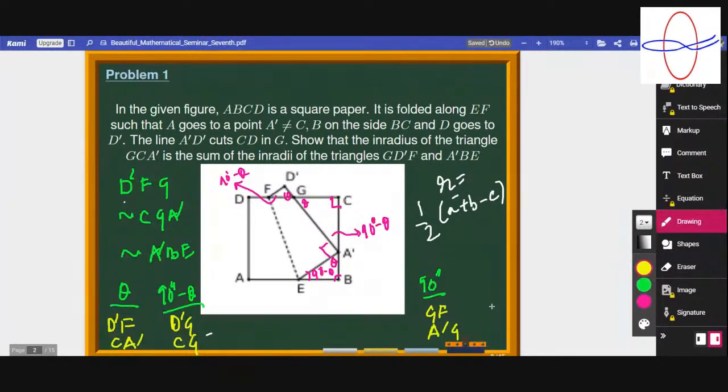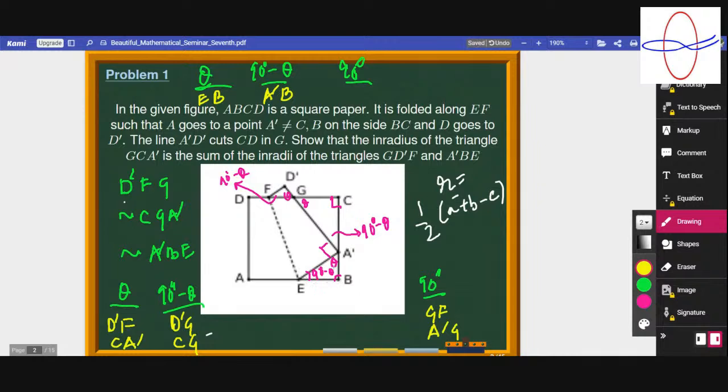Very good. And for the other case, let's write it above. For theta, 90-degree minus theta and 90-degree. For the other case, observe that for theta it's EB. For 90-degree minus theta it is A'B.